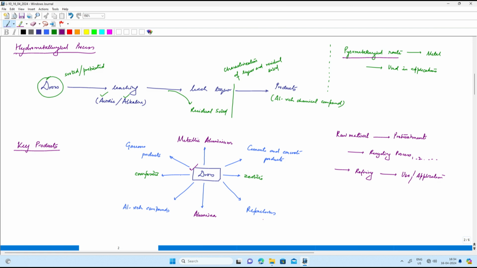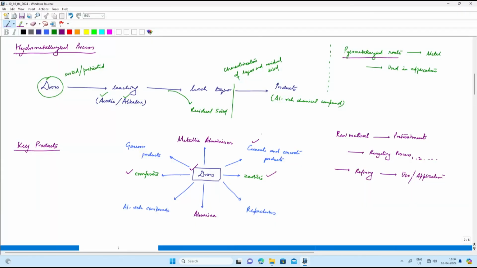The other products that can be produced include zeolites, which can be produced by hydrothermal processes, and composites, taking raw materials including aluminium dross directly for making composites. Similarly, we can use aluminium dross for making cement and concrete products. Various aluminium rich products can again be produced by the hydrometallurgical route, taking leach liquor and directing the composition in such a way that the desired chemical composition is achieved.